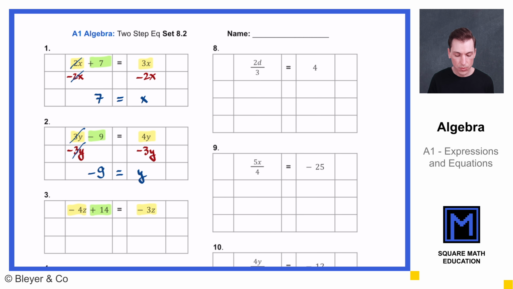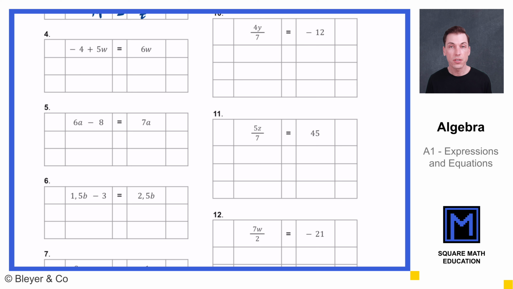If you minus 4z, the inverse is adding 4z on both sides of my equation. Adding and subtracting exactly the same amount cancel out. 14 equals 4z minus 3z, which is equal to 1z, or just z. z is equal to 14.